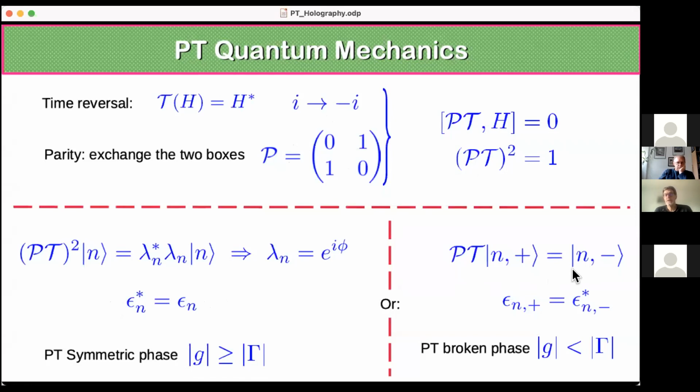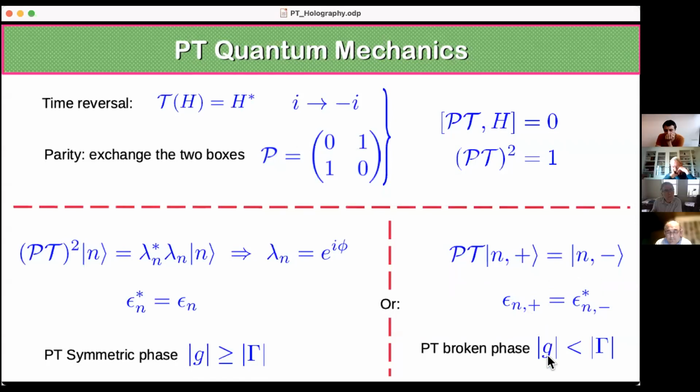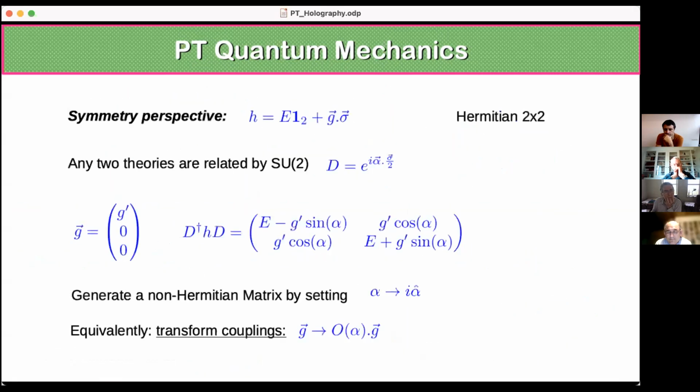Or the energy eigenstates have to come in pairs with complex conjugate energies, and that happens in the so-called PT broken phase when the tunneling amplitude is smaller than the escape rate or the entrance rate. In between, there is this PT phase transition. That's something we want to see also in how this works in holography.